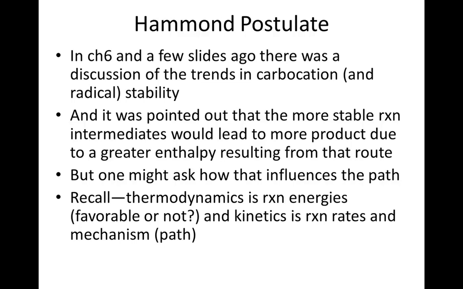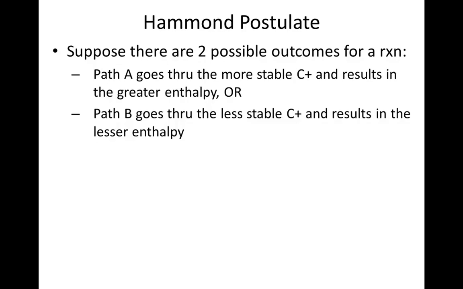When you talk about thermodynamics, that's reaction energy, and so that's the bottom line, but the reaction path, the mechanism, is kinetics, and they're kind of two different things. So how can we tie those things together to give us the most information about a reaction? This guy Hammond proposed a solution to this dilemma, and it's expressed a couple different ways.